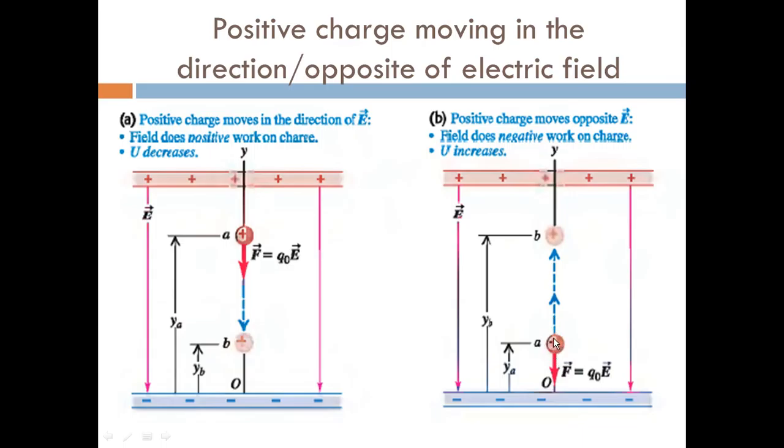But if the object moves upward, then in this case the direction of the force and the direction of the displacement are in opposite directions. The sign of the work done would be negative, and negative work is associated with an increase in potential energy.